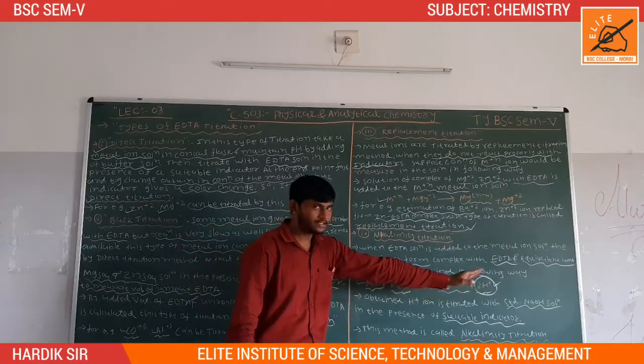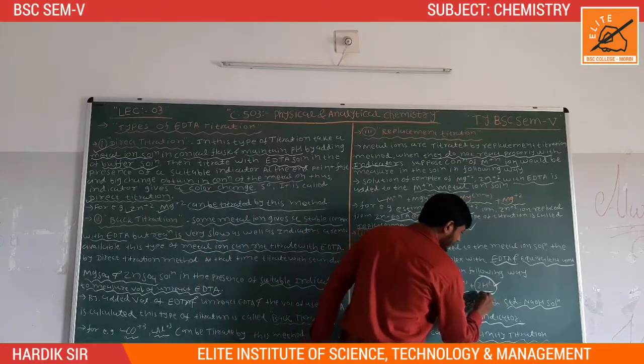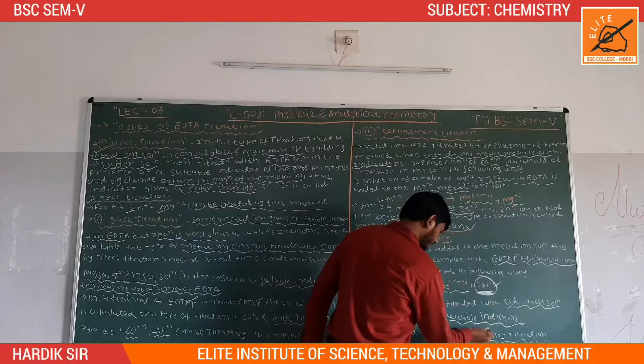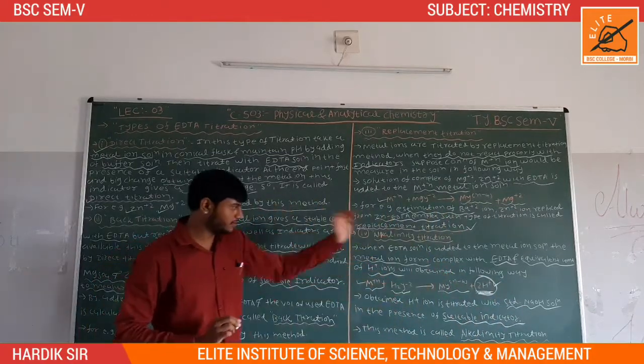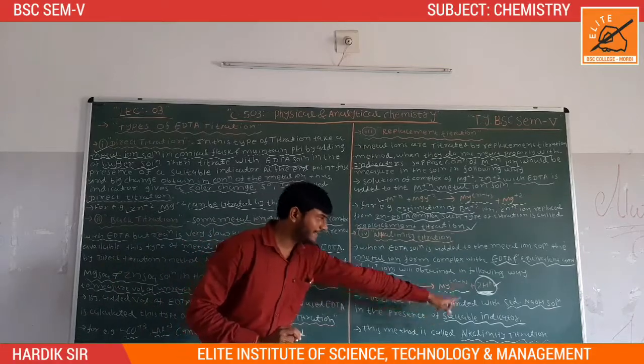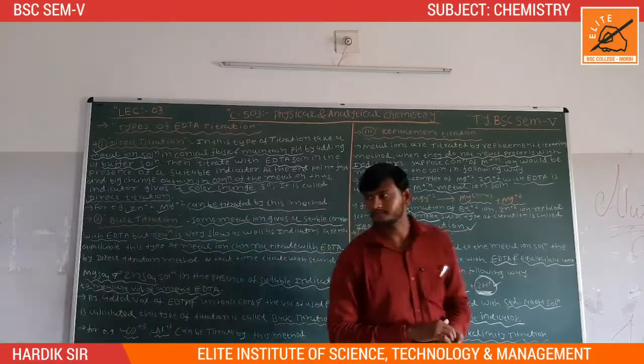The H plus ion obtained is titrated with the standard NaOH solution with a suitable indicator. So this method is called the alkalimetric titration.